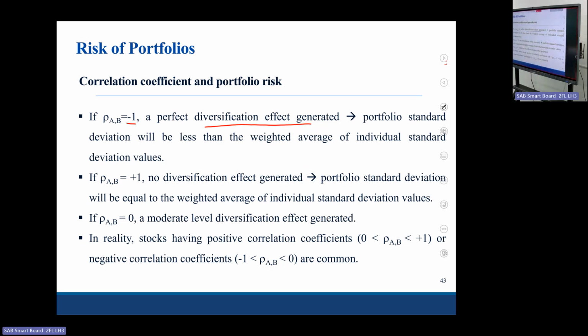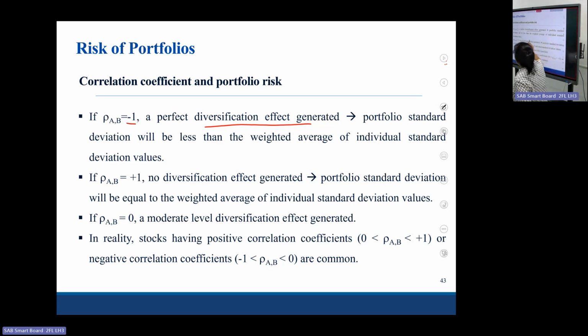When the correlation coefficient is -1, you have a chance to perfectly reduce the standard deviation. That is the meaning. If the correlation coefficient is perfectly negative, you can perfectly diversify. Perfect diversification is possible.